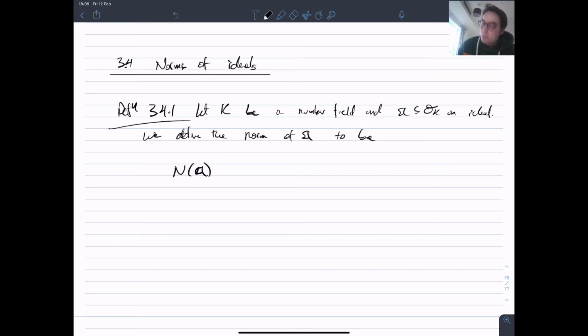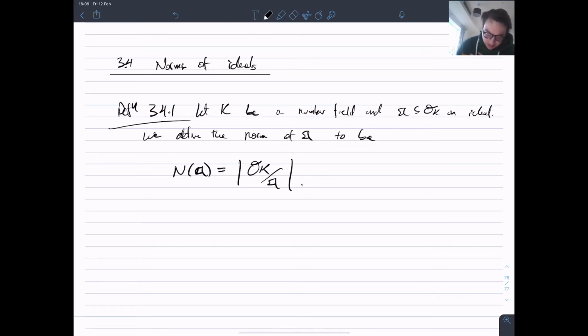The norm is defined to be the size of O_K mod this ideal A, which we saw before is finite because O_K is a Dedekind domain. The quotient of O_K by an ideal is always a finite group. We did this in one of our Dedekind lectures.